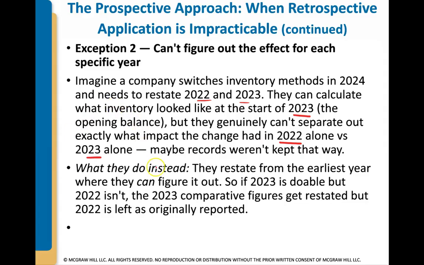So what do they do instead? They restate from the earliest year where they can figure it out. In this situation, 2023 is doable, but 2022 is not. So the 2023 figures get restated, but 2022 is left as originally reported. Basically, you do what you can.